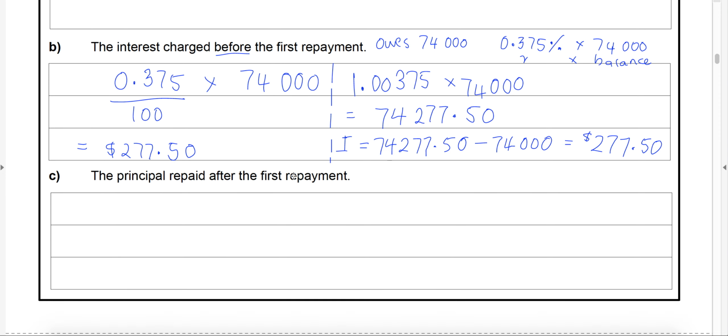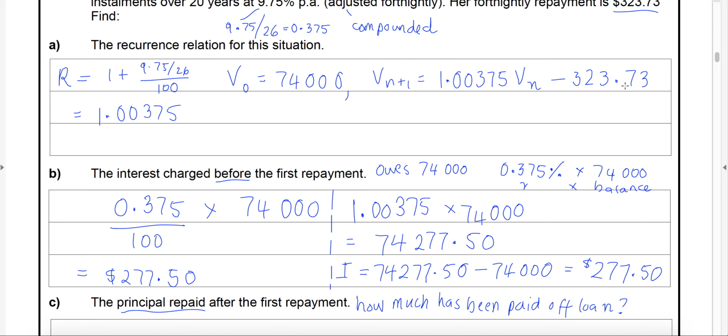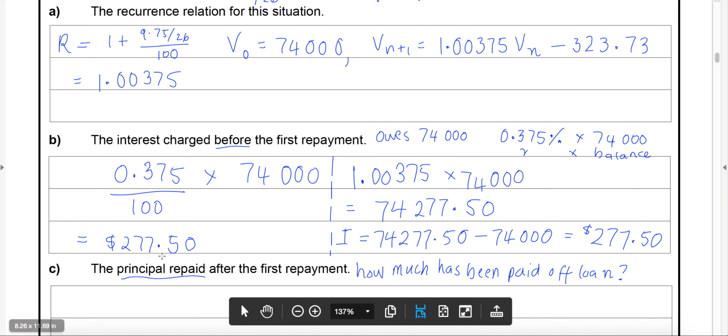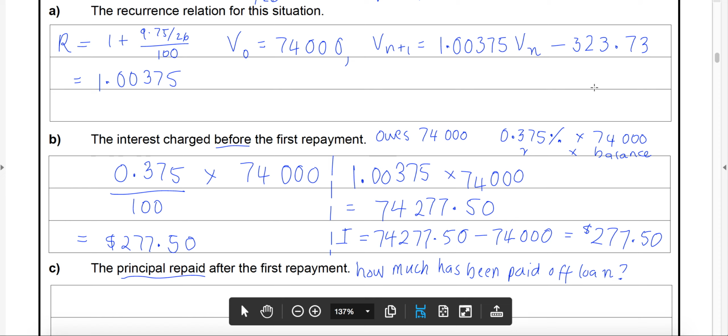This last part, again, is just getting us to explore what's happening payment by payment. The principal repaid is what we're trying to find. So in other words, how much has been paid off the loan? Because she's paid back, obviously, $323.73 with the first repayment, but some of that's gone to interest. In fact, a lot of it's gone to interest because we just found the interest down here. So I'm really looking at some key things here.